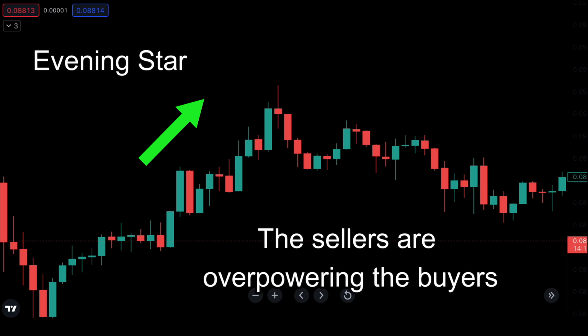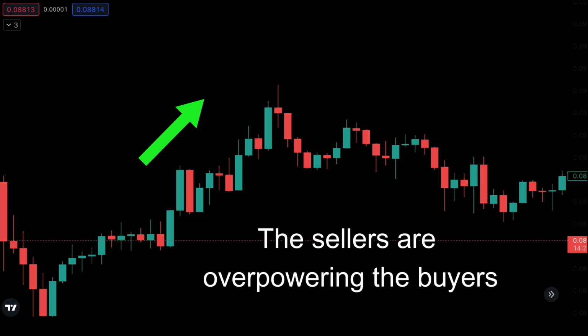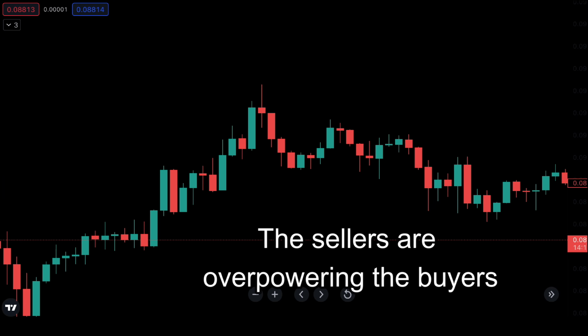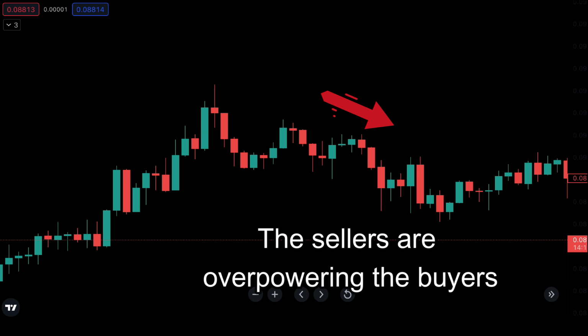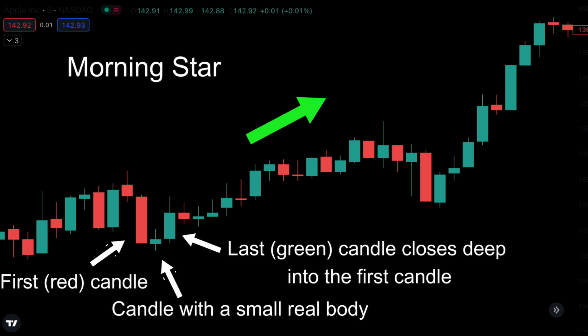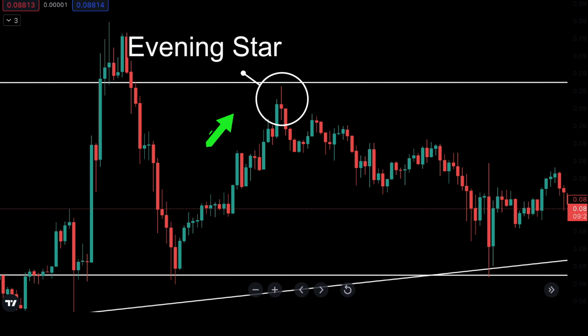The pattern shows a stalling of the buyers and that the sellers are taking control. More selling could develop. A morning star is the exact opposite. An evening star could indicate a reaction to a resistance level, and a morning star to a support level. They indicate that price could reverse further.